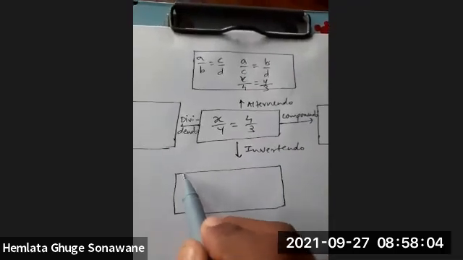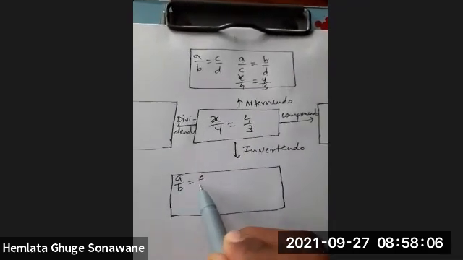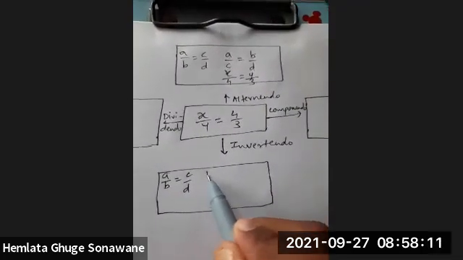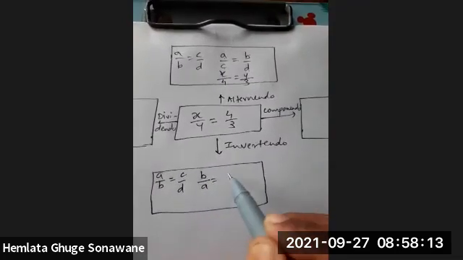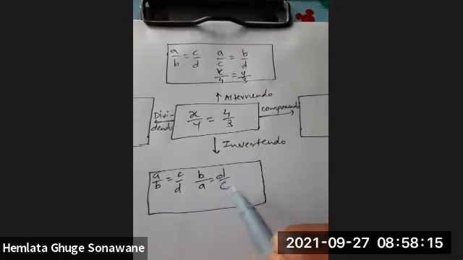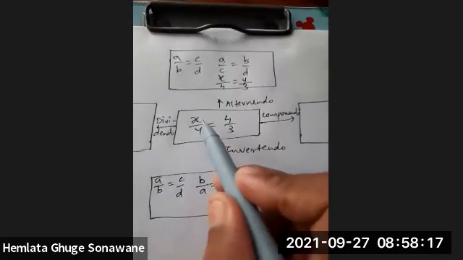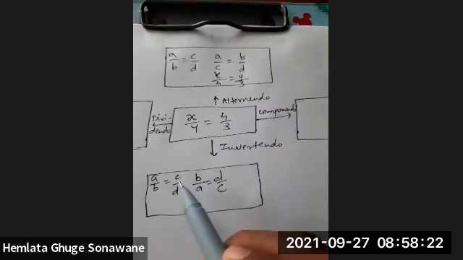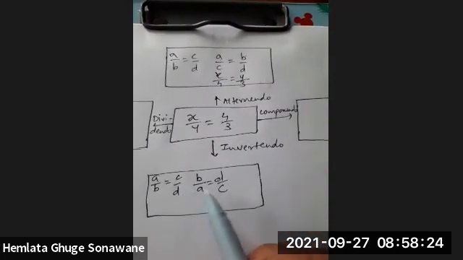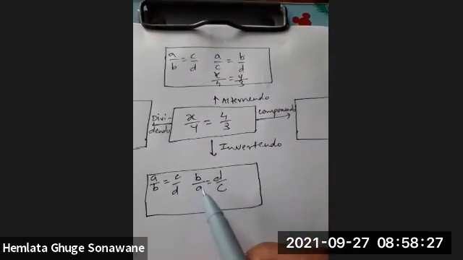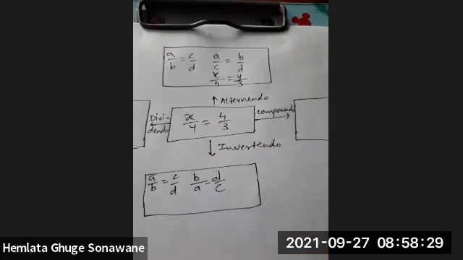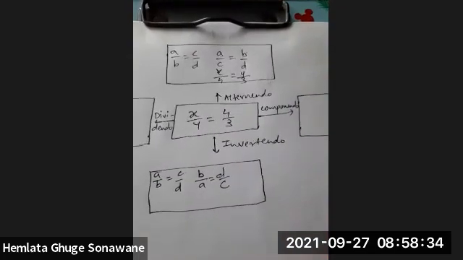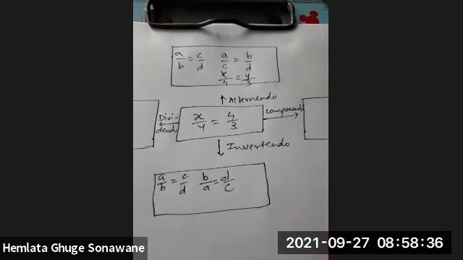That is A upon B is equal to C upon D, and this will be written as B upon A is equal to D upon C. Here x is A, y is B, 4 is C and 3 is D. We have to write it like this: B upon A is equal to D upon C. Can anyone explain the answer? Please unmute yourself and tell me the answer.